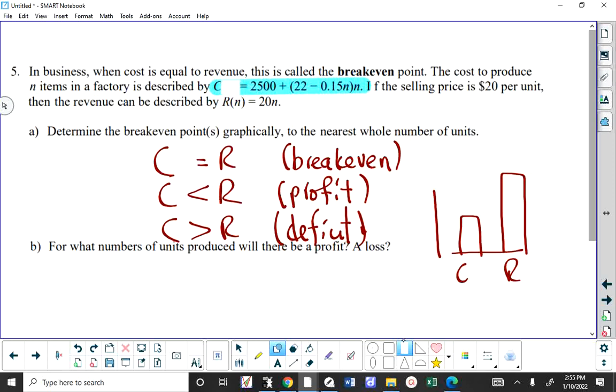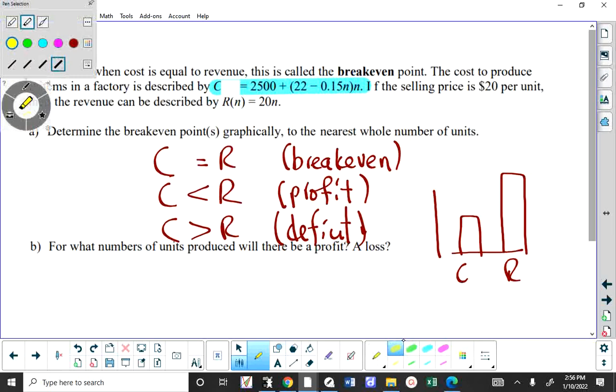It's given with function notation because it's just telling you cost is a function of how many items you sell or produce. And it makes sense that if you're selling everything for $20 a pop, your revenue would be equal to 20n. And again, if the function notation bothers you, don't use it.